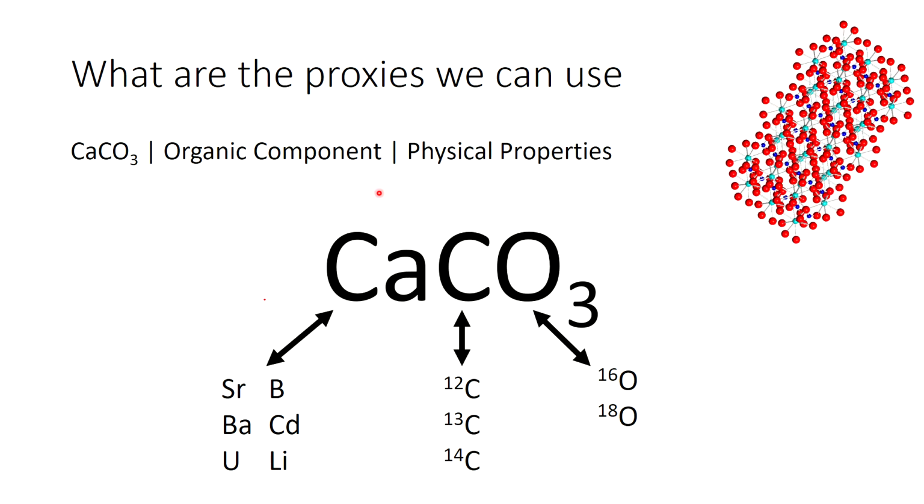But for this video, we're actually going to be looking at some of the physical properties of the skeleton itself, its characteristics in terms of things like the annual layers and how we can use those as proxies.